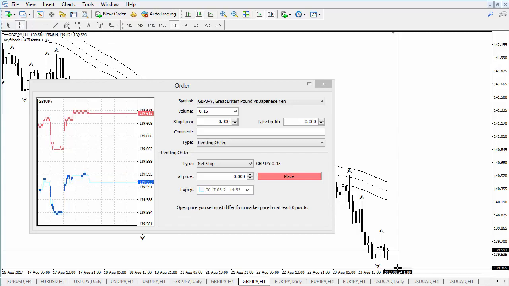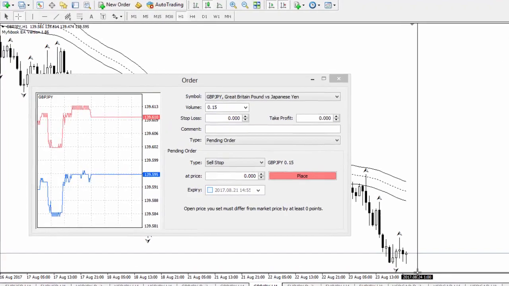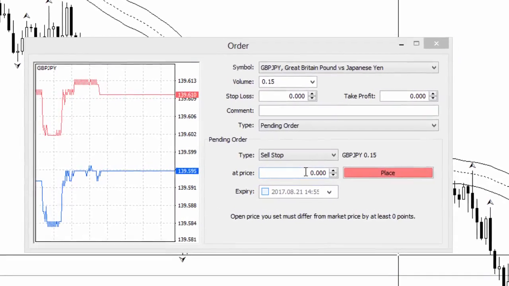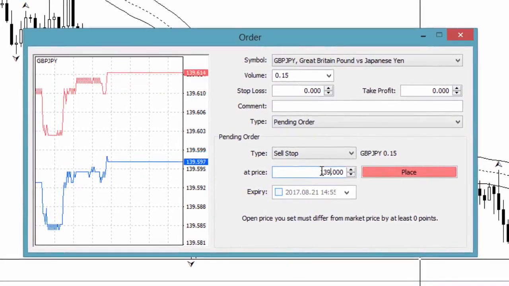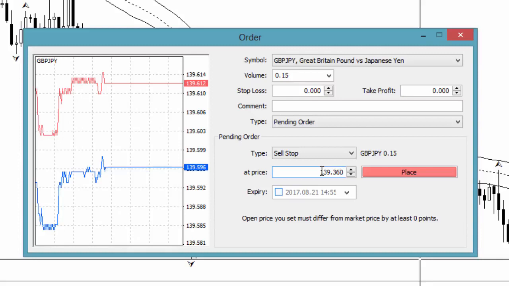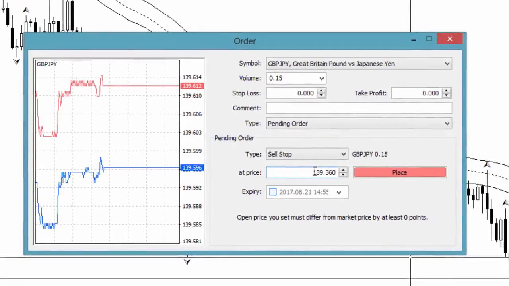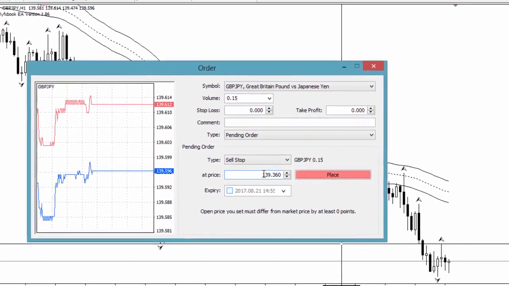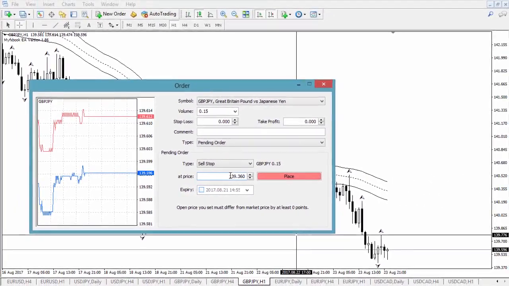Since the tip of the most recent bearish fractal is located at the 139.365 price level, I'm going to be placing my sell stop pending order right there. This sell stop pending order is going to get converted into an open short trading position if and when price decides to break below the 139.36 price level.